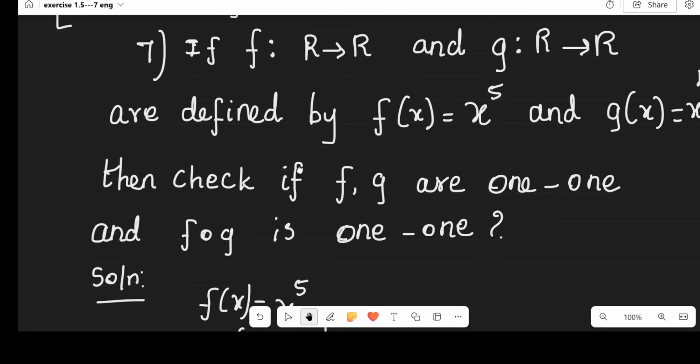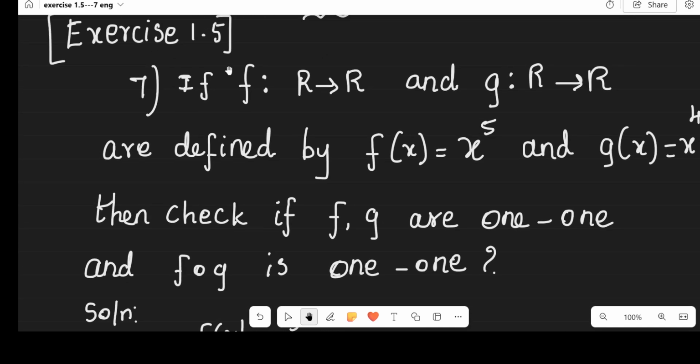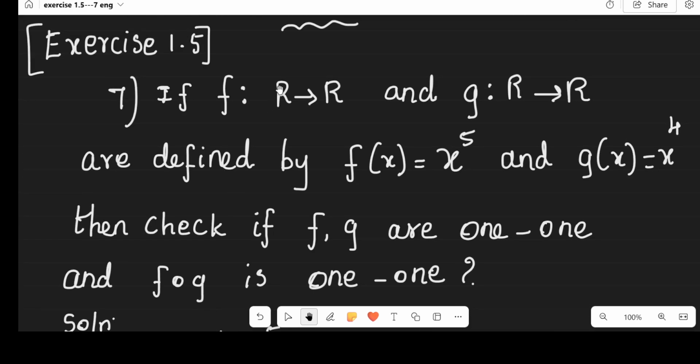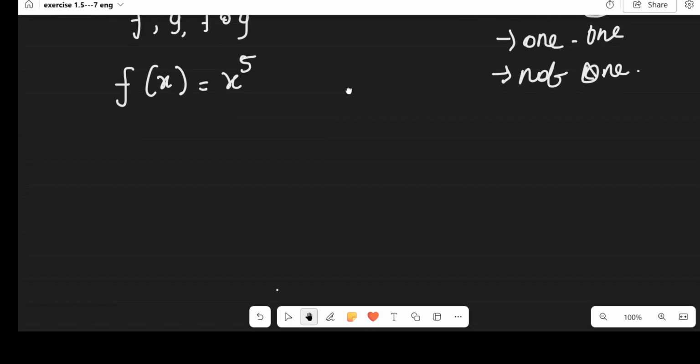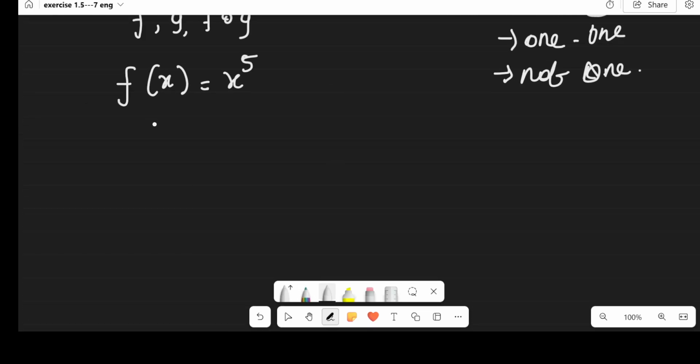I'm starting from 0, 1, -1. Why? Because here we are having real numbers. R represents real numbers. We should include positive numbers, negative numbers, 0, anything. So I'm starting with 1, -1, 2, -2, like that. Here, instead of x, we need to put 1, -1, any numbers.